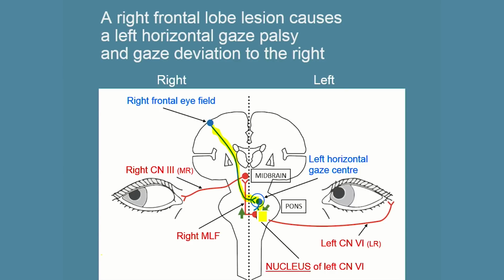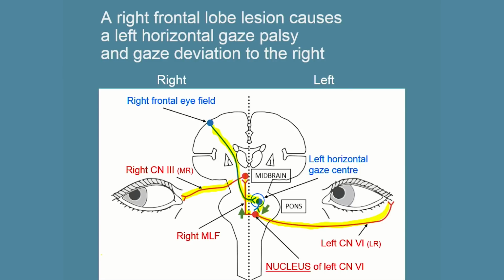The motor neurons send their signal to the left sixth cranial nerve and left lateral rectus muscle to abduct the eye, and the interneurons cross the midline in the medial longitudinal fasciculus up to the third cranial nerve nucleus in the midbrain, which controls the right third cranial nerve and right medial rectus muscle to adduct the eye.